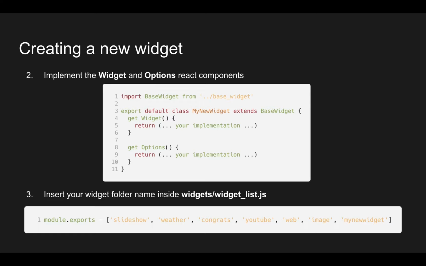Widget is the user-facing side of the widget that will be shown on the TV screen. The options React component is what's going to be shown to the administrator side and what will allow the administrator to configure the widget. Once the widget is done, all you need to do is insert its name to the widget list file and refresh the server to see the new widget.